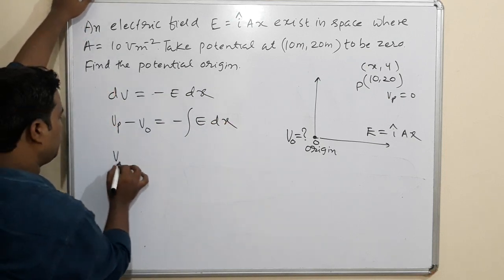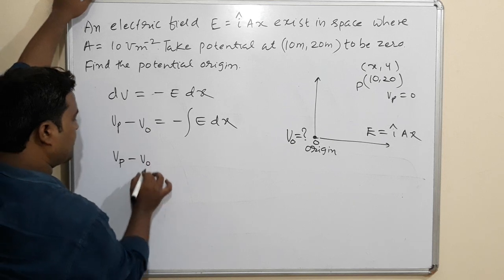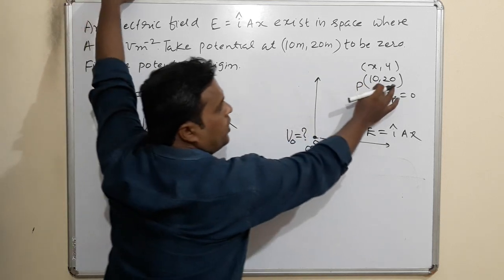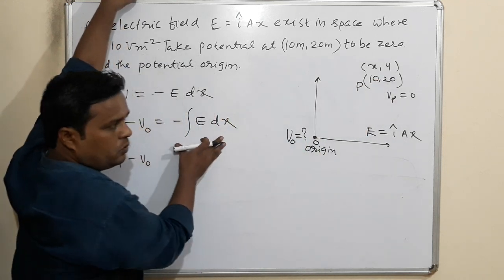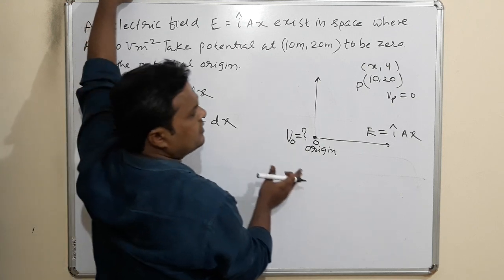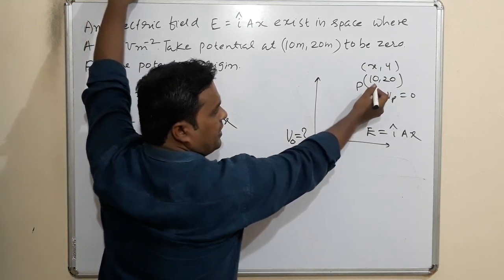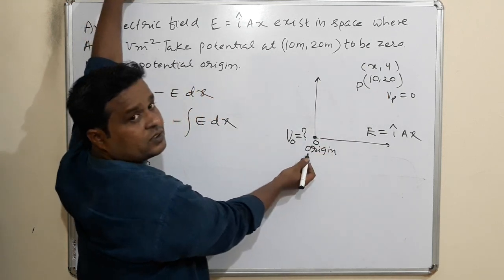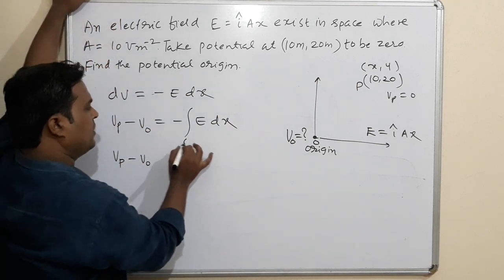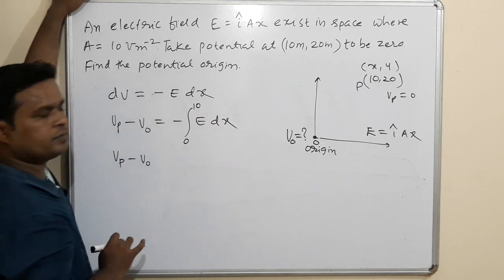I am integrating only with respect to x. What is the x coordinate here? 10. And what is my x coordinate here? 0. Then I can integrate this between 0 to 10.